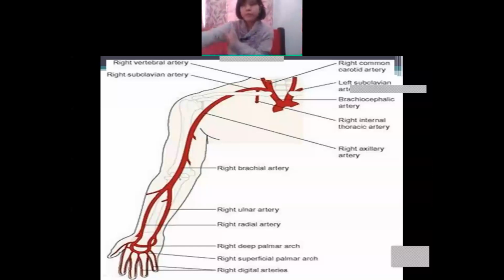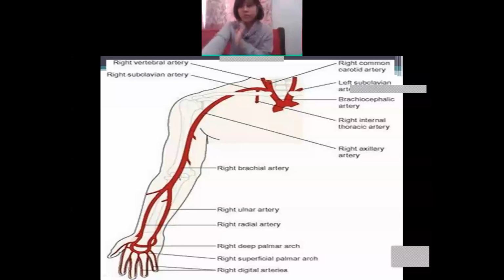Listen, this is the brachial artery. So the brachial artery, the axillary artery after coming, it will come here in the brachial artery.